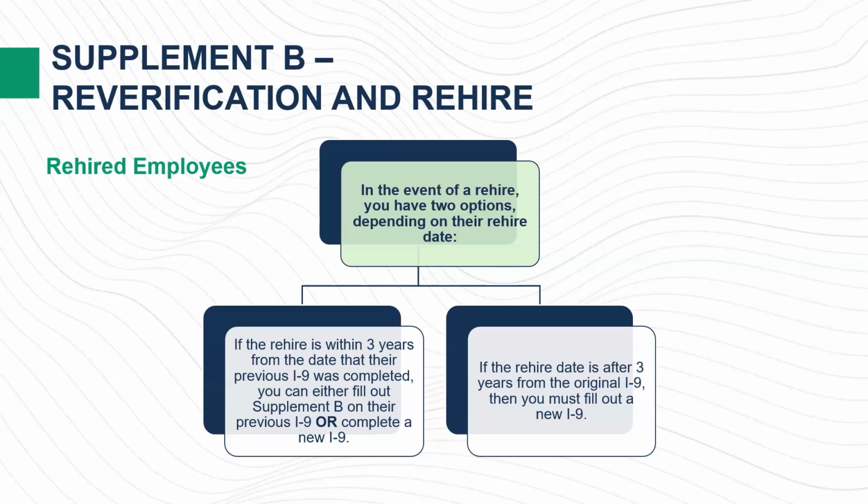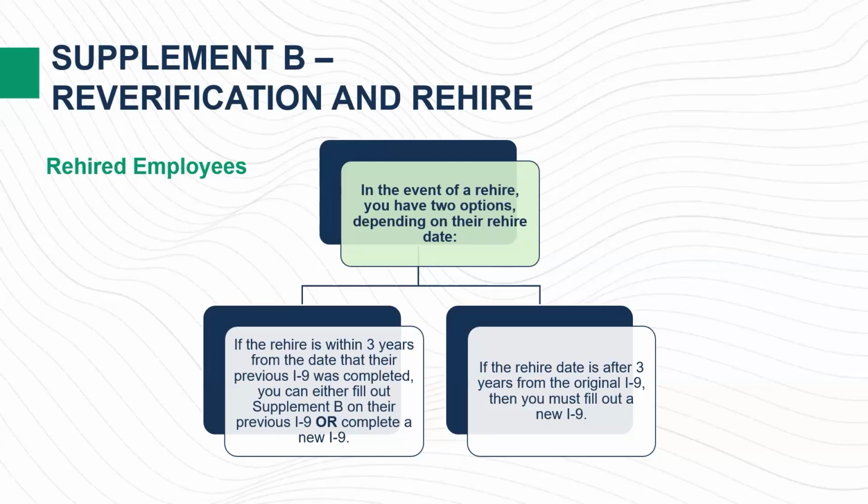You'll review the original I-9 to determine if your employee is still authorized to work, and whether that authorization documentation presented or previous reverification has since expired or been automatically extended. If your employee is still authorized to work and his or her employment authorization document is still unexpired, then you'll enter the date of the rehire in the space provided in Supplement B.